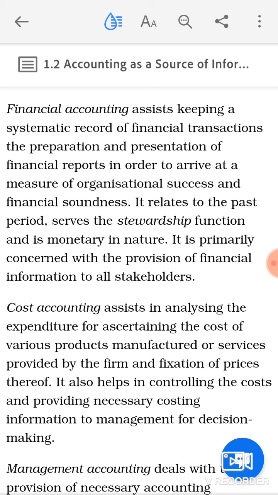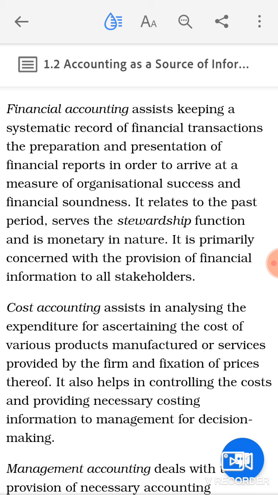So whatever financial transaction takes place in the business will be recorded in the books of accounts. With the help of the same, different kinds of accounting reports and the final financial statements of the organization will be prepared, so that you can measure the organizational success and the financial soundness of the business.